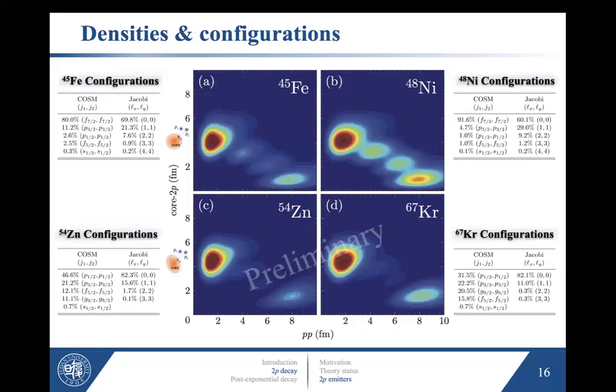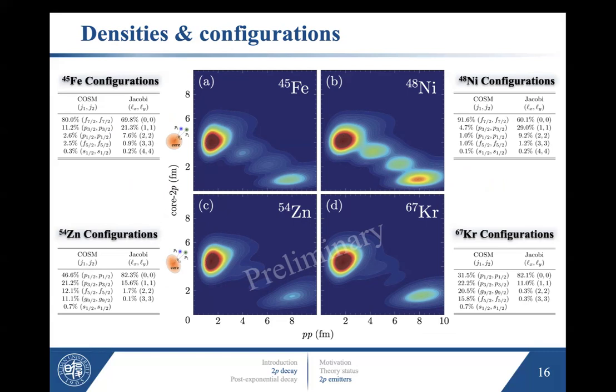And then for the structures of valence protons, we calculate the density distributions in Jacobi coordinates. The x-axis is the distance between the two valence protons, and the y-axis is the distance between the proton pair and the core. In iron-45 and nickel-48, we found that both of them have four distinguished peaks.